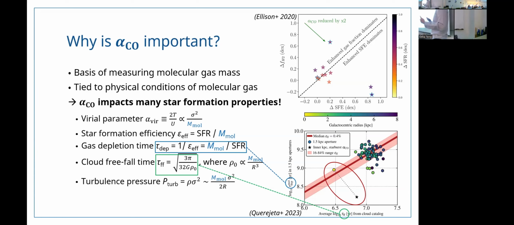So to break through this limitation caused by large alpha CO uncertainties, we have to measure alpha CO across a sufficient galaxy sample that covers enough environmental conditions, so that we can understand how alpha CO behaves and establish a good prescription to predict alpha CO. Eventually we can come back and revisit all these quantities and see how they would revise our knowledge on galactic star formation.